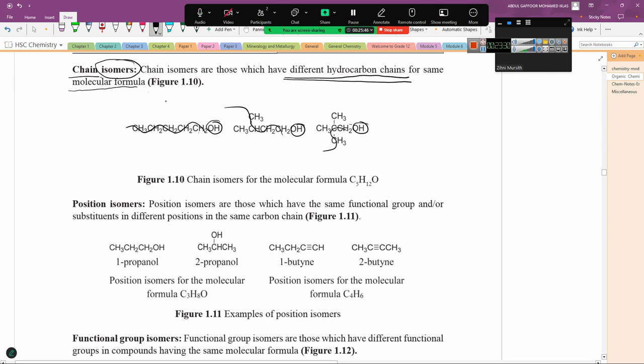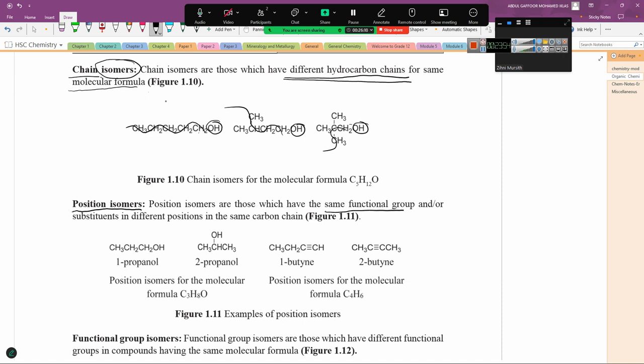Now position isomers. Position isomers are those who have, as I mentioned, the same functional group, but the position, the number of the carbon on which the functional group falls, will be different. That's the only thing, right?